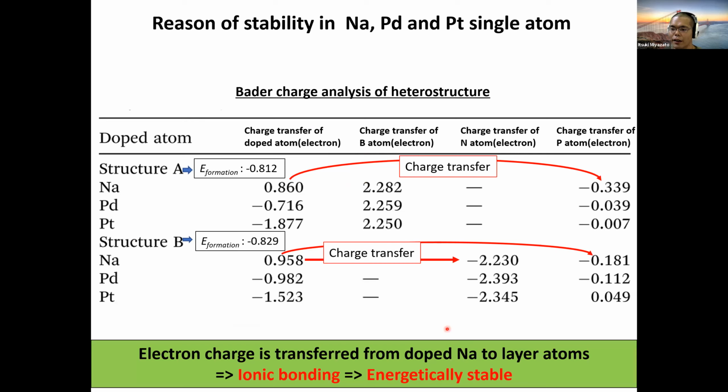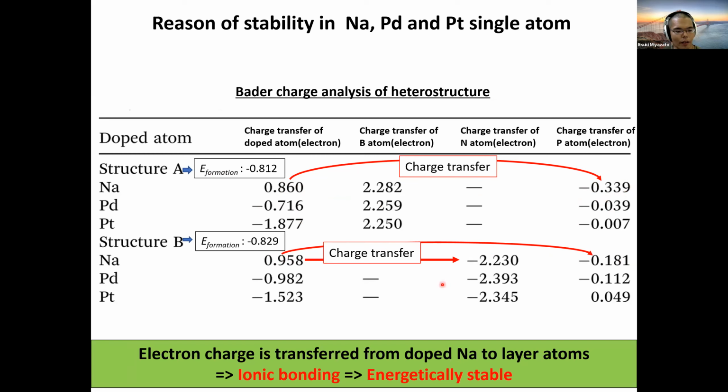Here's the result, and it shows that in the sodium case, the sodium is positively charged, and on the other hand, the P atom from the phosphorus monolayer is negatively charged. That means ionic bonding is formed because the embedded sodium transfers charge to the phosphorus atom.